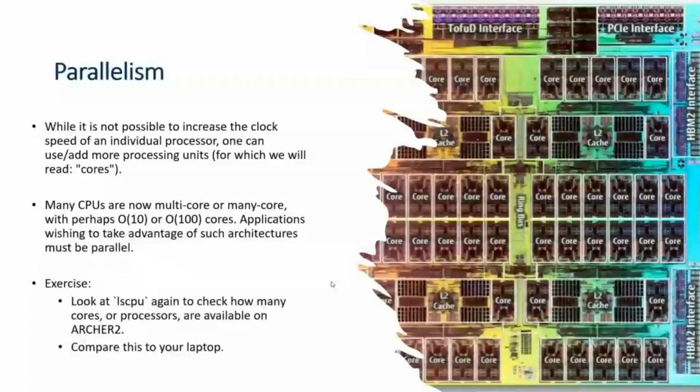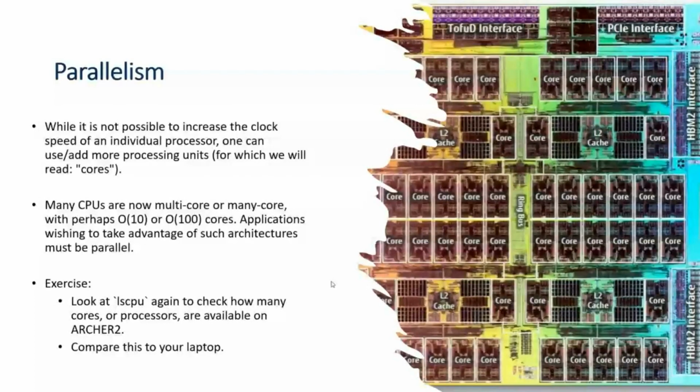And then parallelism. Since it's not possible to increase the clock speed for the processor, we can just start duplicating processors across the CPU, and now we have many hundreds of cores, or 100-ish cores per node, and it's quite common. ARCHER2 is 128 cores per node, as I discussed.